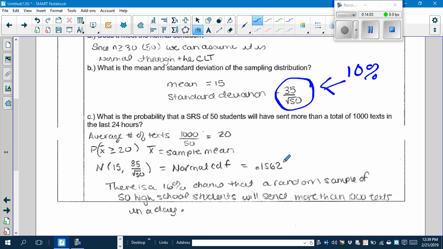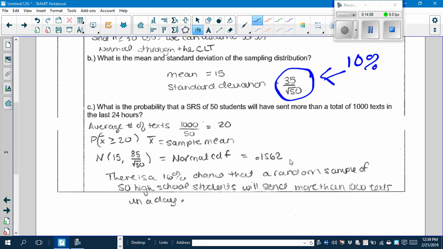So there I get 0.1562. So there's a 16% chance that a random sample of 50 high school students will send more than 1,000 texts in a day.